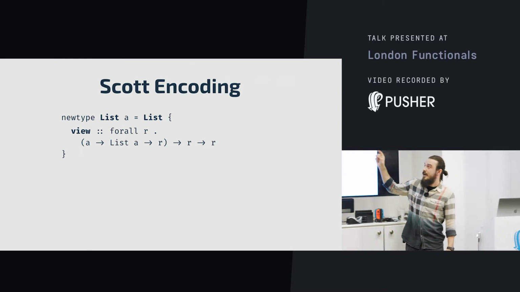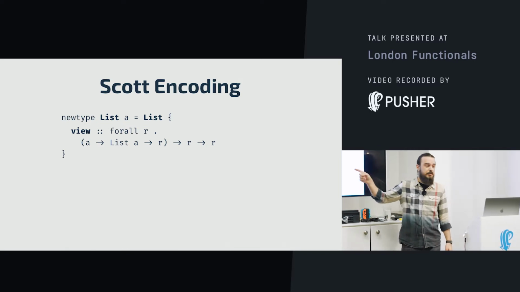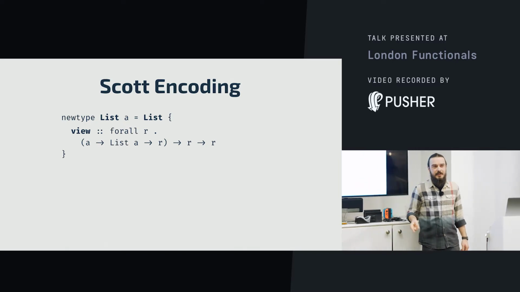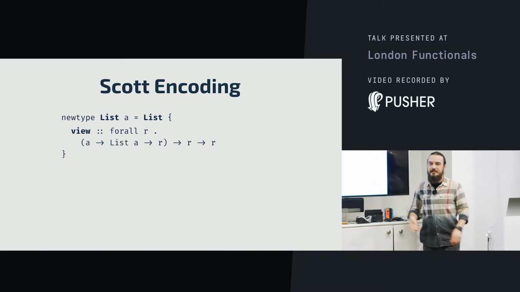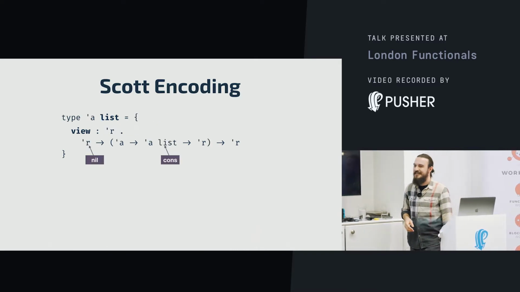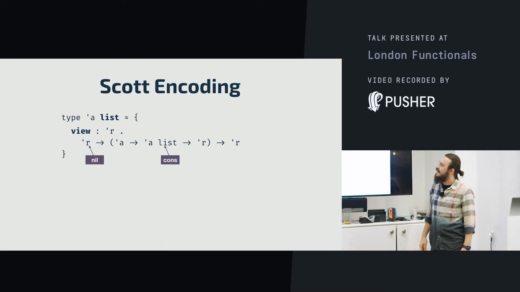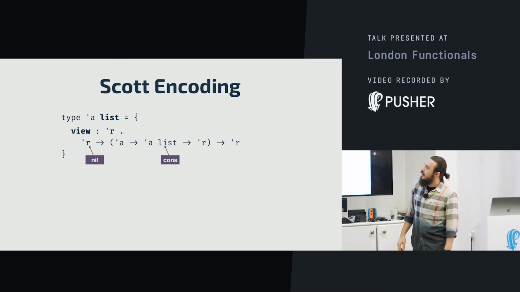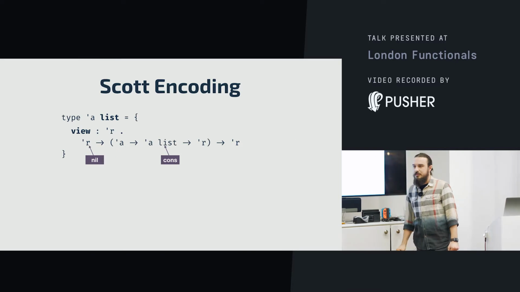The reason I have this slide in Haskell is because if you search for scode encoding and OCaml, the only thing that you will find is Haskell, essentially, all over the place. But of course, we can just translate this to OCaml. Sorry about that. OK, so this type has a function called view.